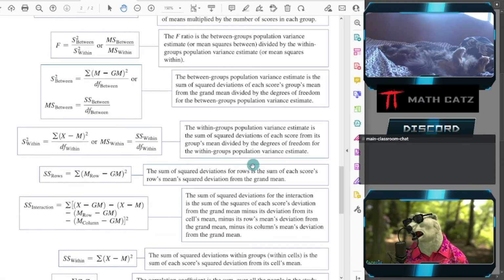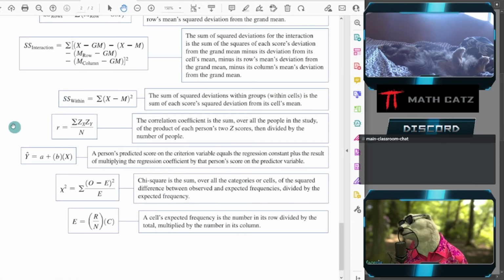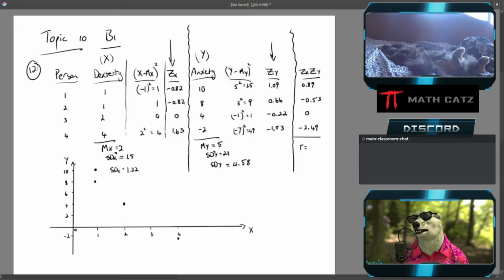We're going to calculate the correlation coefficient, formula 11.1 here, by adding up all those and dividing by the sample size. So let's show that in the chat. That's kind of the last one. So we have 0.89 minus 0.53, plus 0, minus 2.49, and we're dividing by 4.